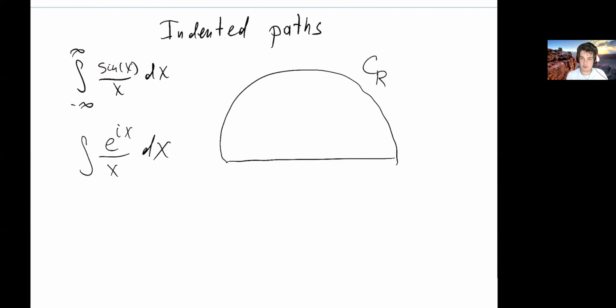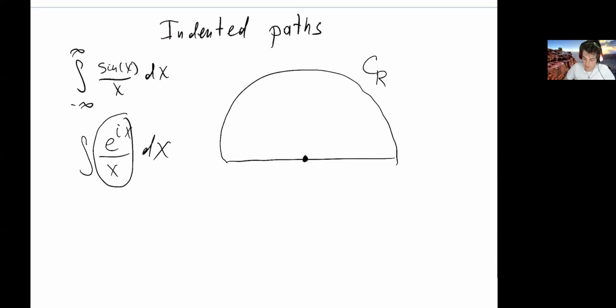Unfortunately, however, there is one problem. The pole of this function is not inside the contour, it's right on the contour, because this function has a pole at 0. And this is forbidden. We can never allow our function to be bad on the boundary of the contour.